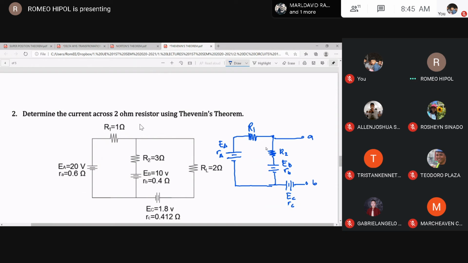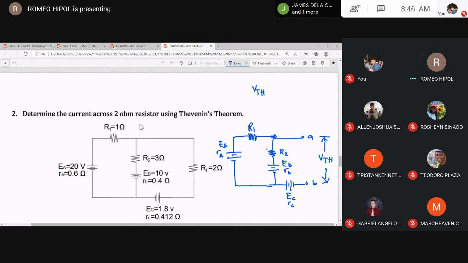We are going to look for the Thevenin's voltage. Same procedure tayo. Tama? We can apply KVL to determine the VTH. So, we can use this loop or outside loop to compute for the VTH. Pero ang problem ulit kasi natin dito is ito. Saan dumadaloy yung current in the new circuit diagram?